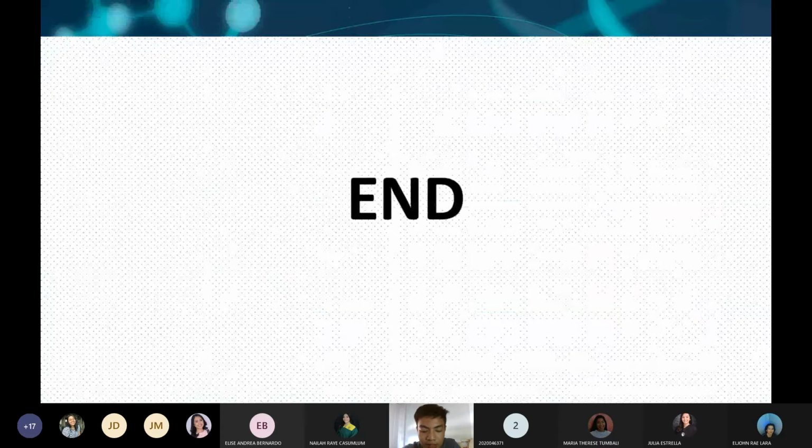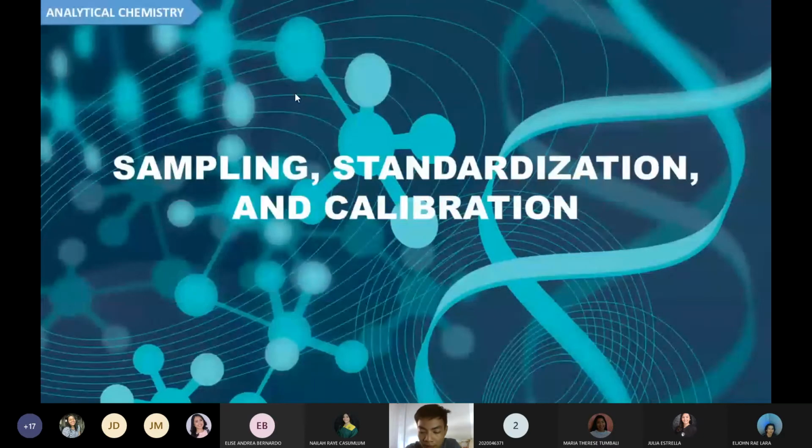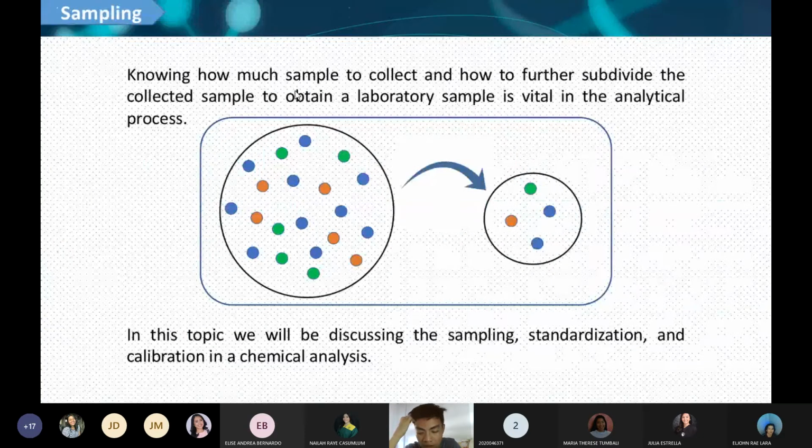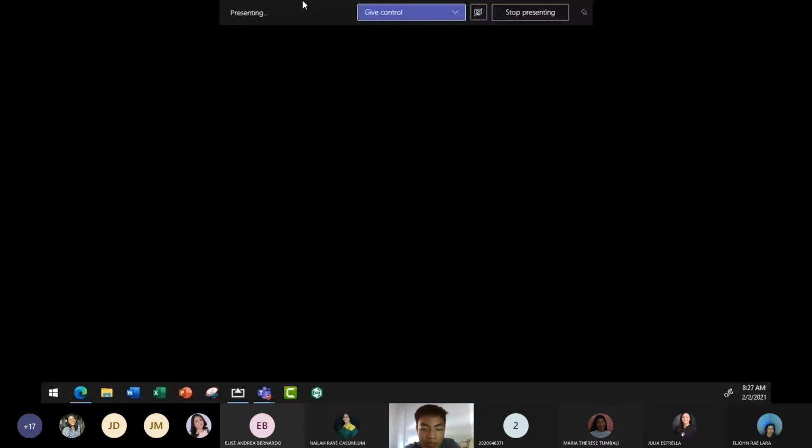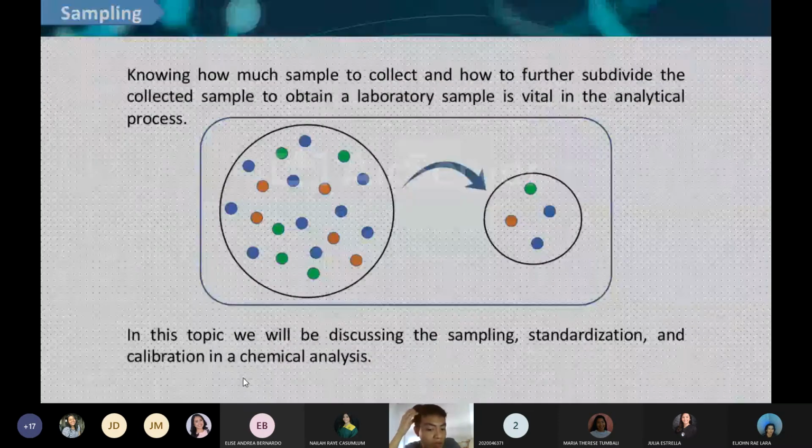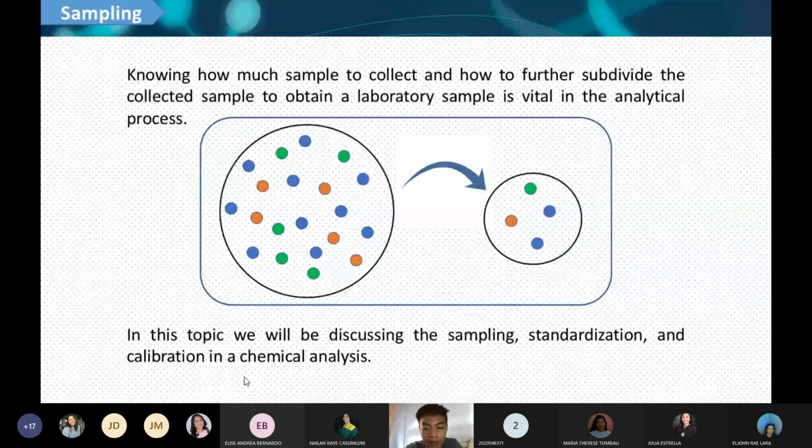So, let's summarize the entire lesson na lang para ma-recall ninyo yung mga pinagsasabi ko kanina. Okay, so again, when doing analysis, you do not get all the amounts of your matter, no? Kunwari, nag-a-analyze ka ng ilog, di mo dadalhin yung buong ilog sa laboratory. You will only get samples. Again, sample is a small portion of your population.